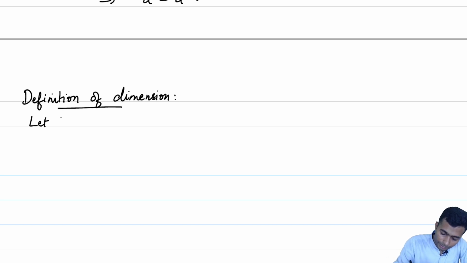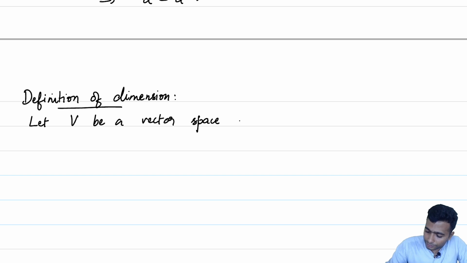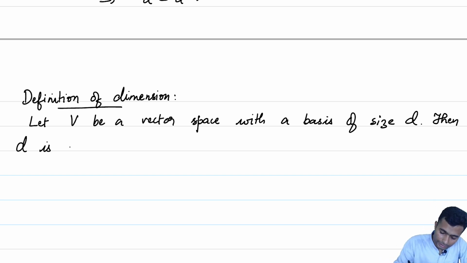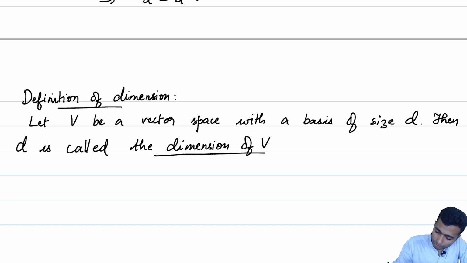So, let V be a vector space with a basis of size d, then d is called the dimension of V. We just noted that this is a well defined number.